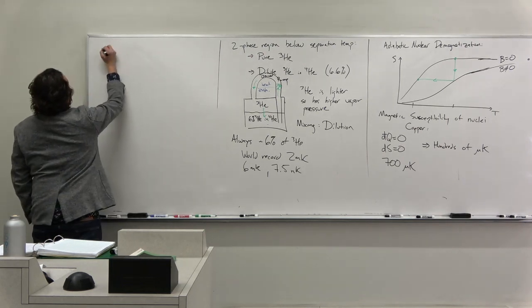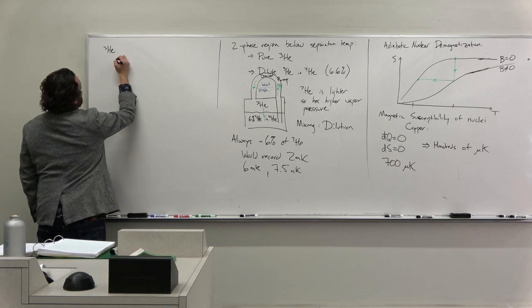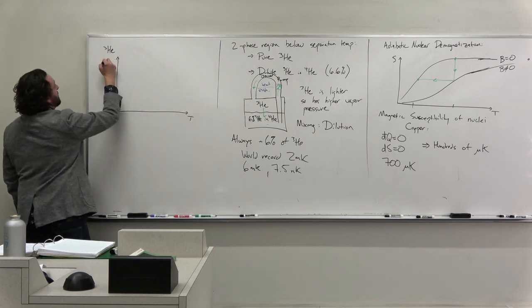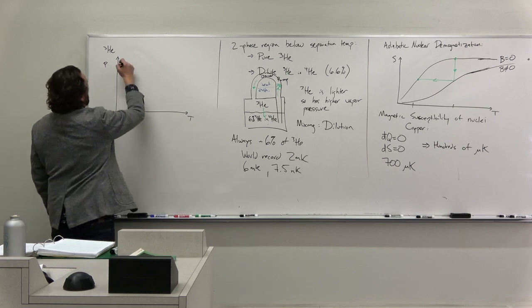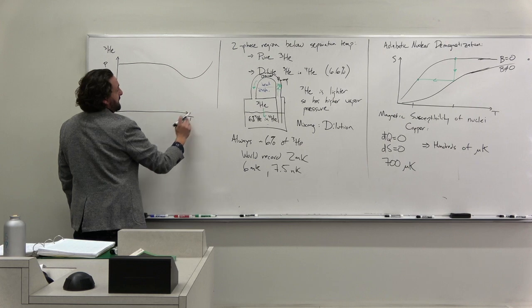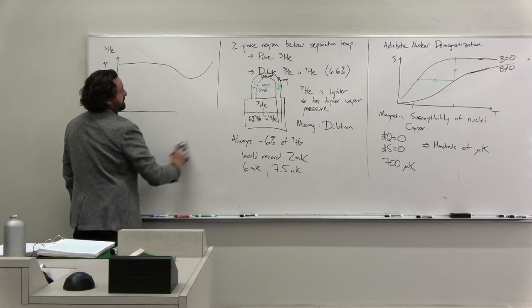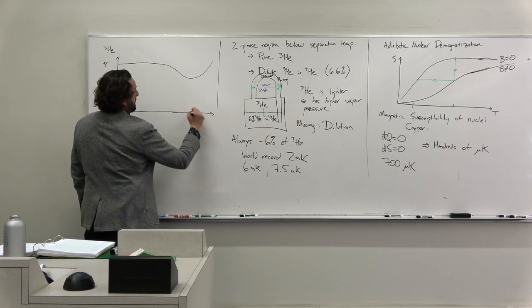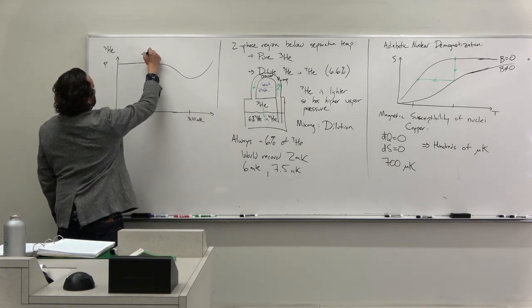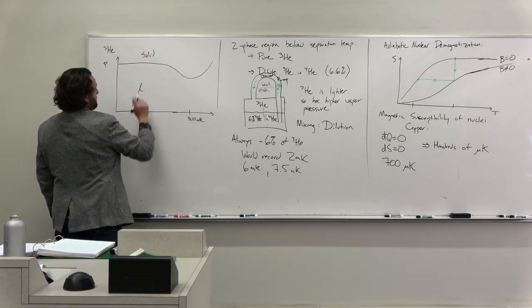And so the helium-3 phase diagram, pressure versus temperature, looks like the following. So at some very high temperature, around 300 millikelvin, this is the solid, this is the liquid.